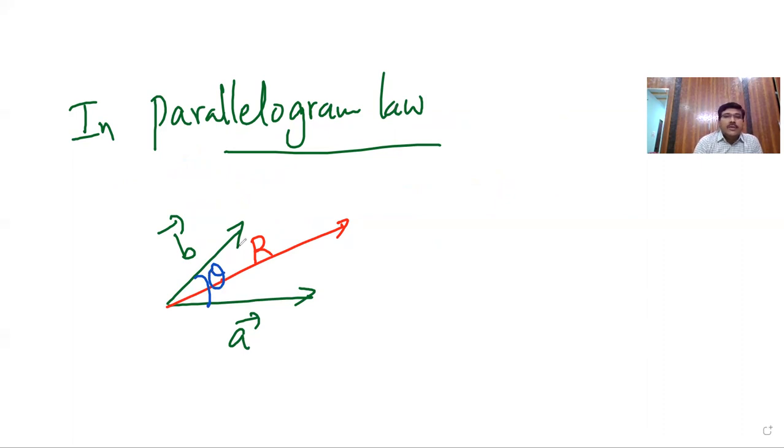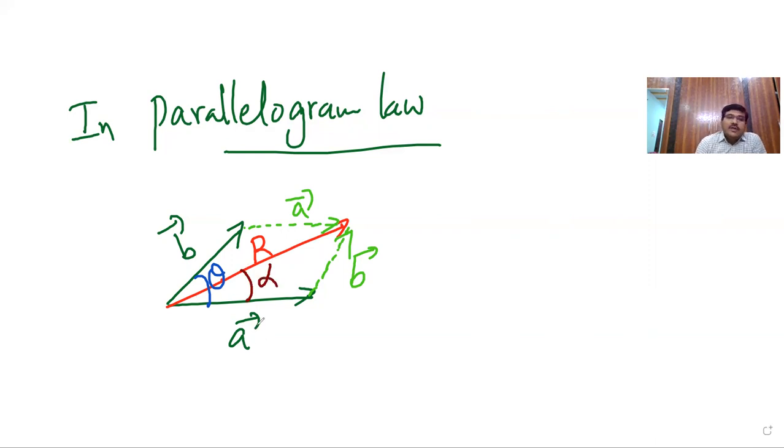Now I am completing the parallelogram. Draw a line parallel to a bar, and draw a line parallel to b bar. Now, the resultant R makes an angle alpha with a bar.